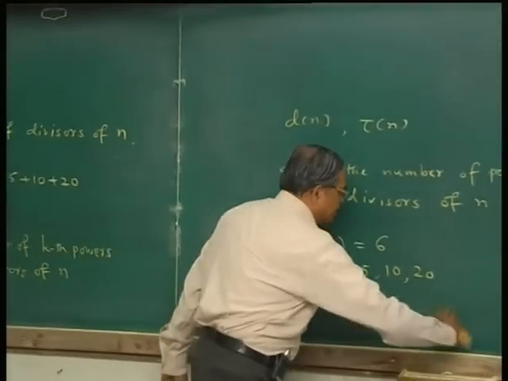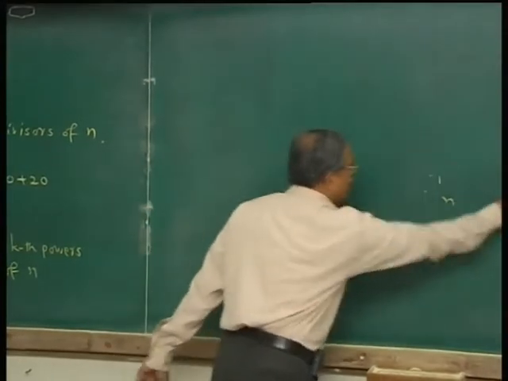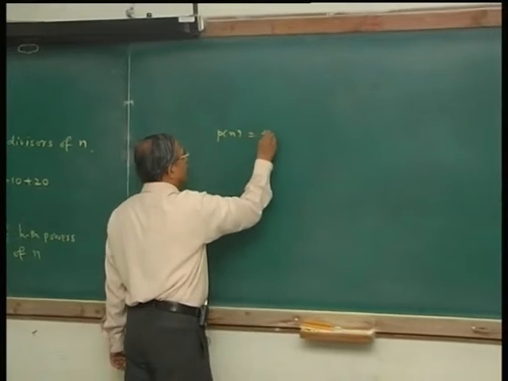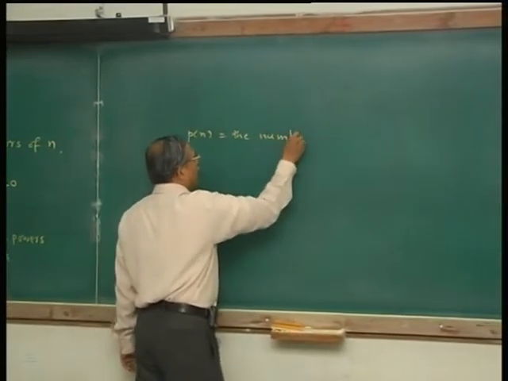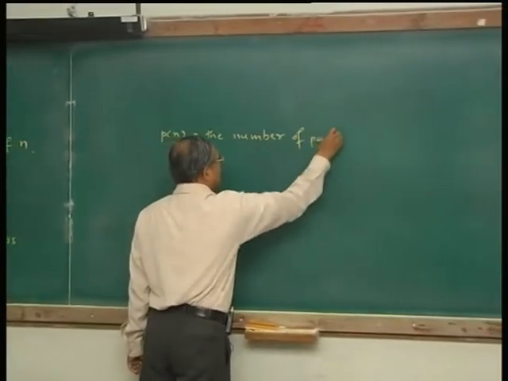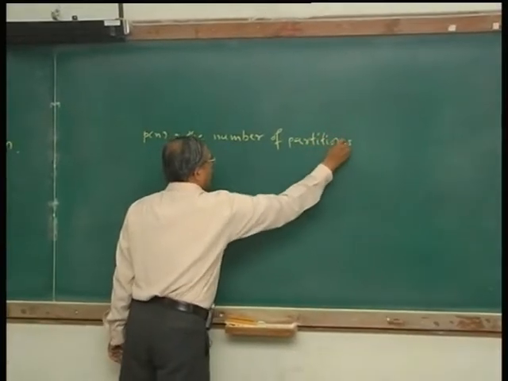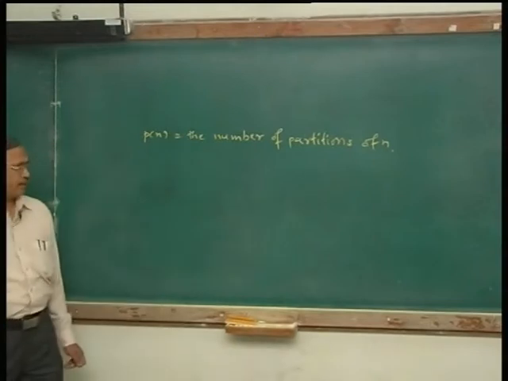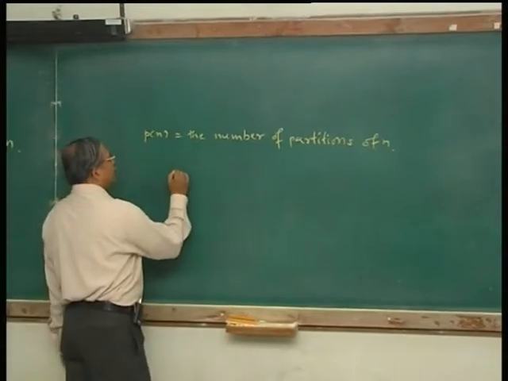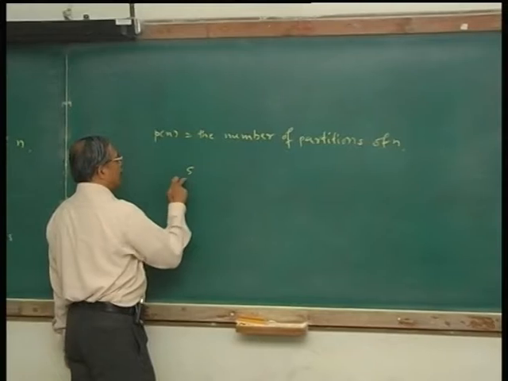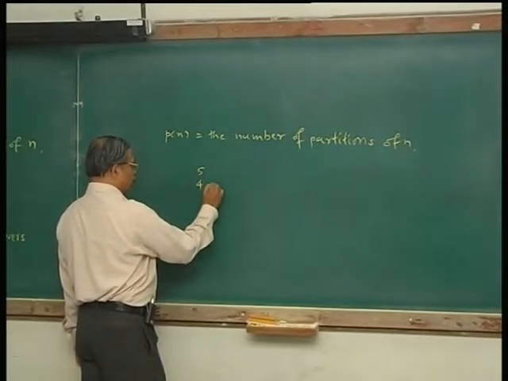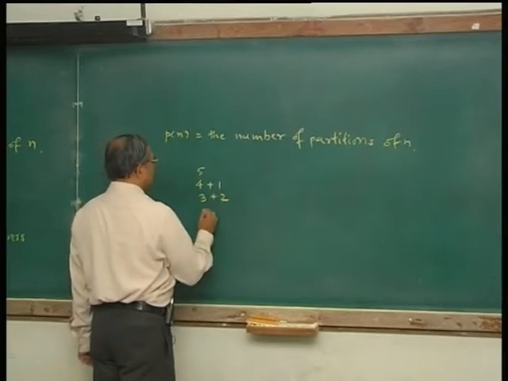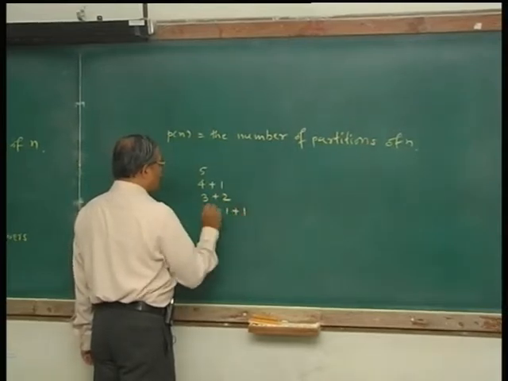Some other standard functions are P(n), the number of partitions of n. Like if you take a number, let us say 5, then 5 you can write as 5 itself, you can write as 4 plus 1, you can write as 3 plus 2, you can write as 3 plus 1 plus 1.